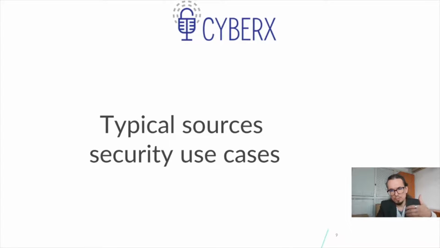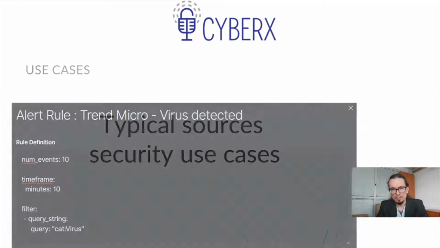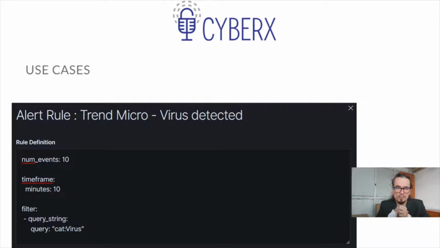Now let's look at the security use cases for them. For example, for Trend Micro, we have virus detection. Trend Micro is detecting a virus, and we can alert on that by searching the field category for the value virus, and we set a condition, like the minimum number of events has to be 10 or more within a time frame of 10 minutes.